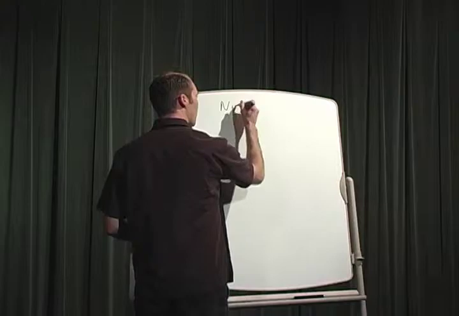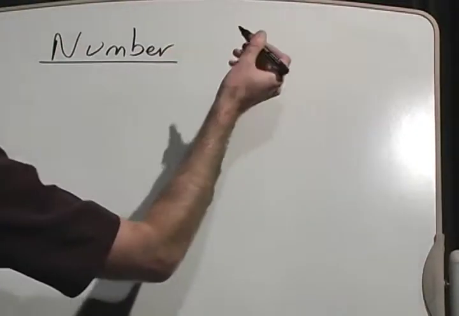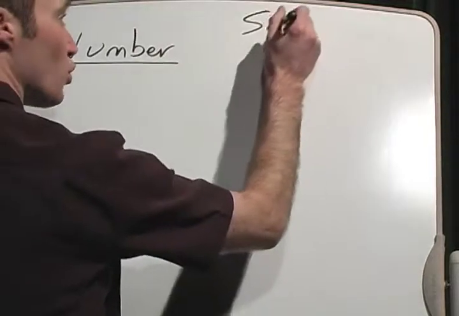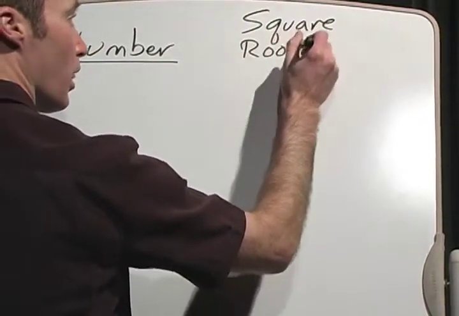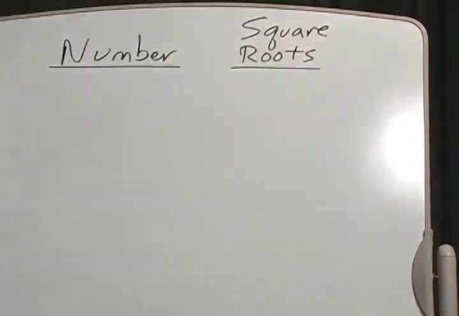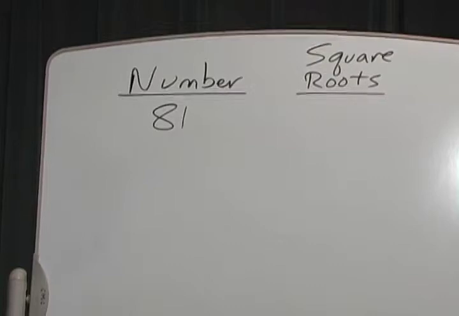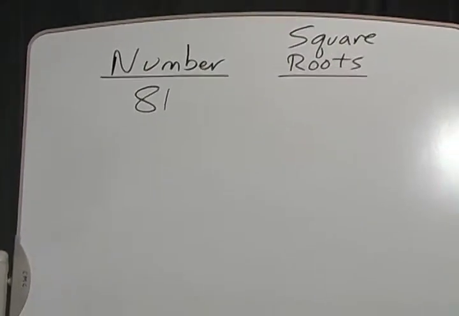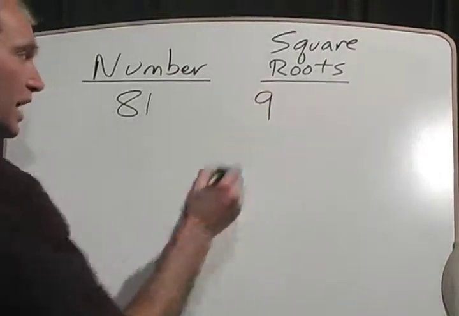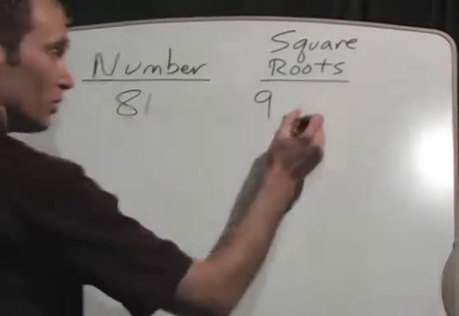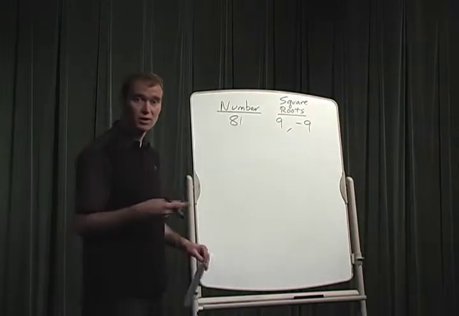So here are the numbers, and then over here are the square roots of the number. So let's start off with 81. I asked myself, what squared gives me 81? Well, I know that 9 squared gives me 81, but also -9 times -9 gives me 81.